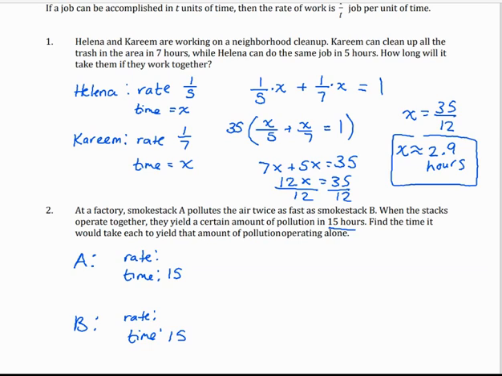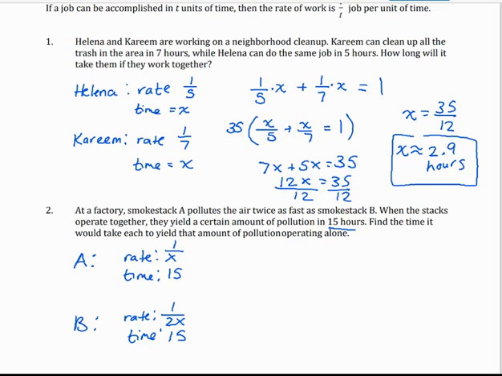So what we need to remember here is that smokestack A pollutes the air twice as fast as smokestack B. Keep in mind what that really means. Who has a longer time, A or B? B does. So the rate of smokestack A is going to be 1 over x, where the rate of B is 1 over 2x.